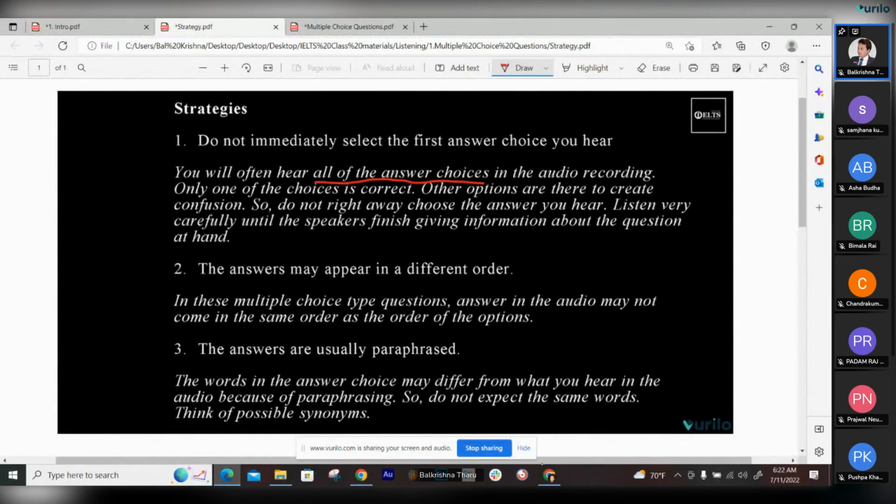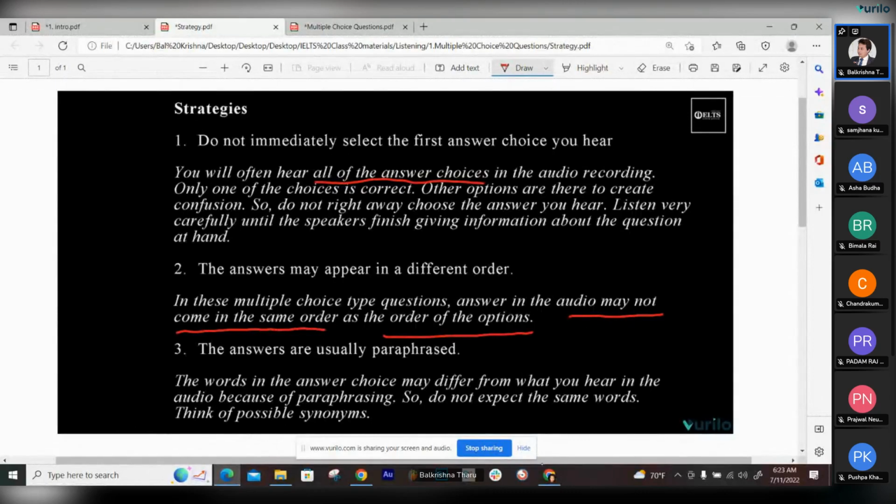Number two, the answers may appear in a different order. In these multiple choice type questions, the answers in the audio may not come in the same order as the order of the options. Pay attention here.